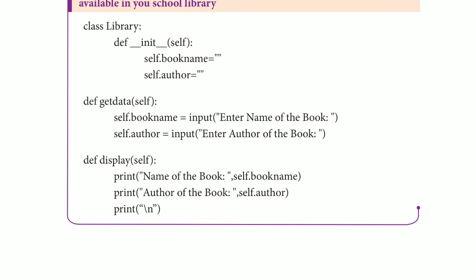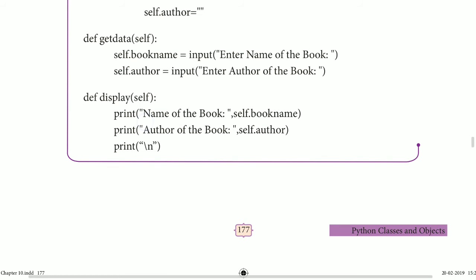Now display is used to display the result. You are using this function display, printing the self.book_name and self.author name.